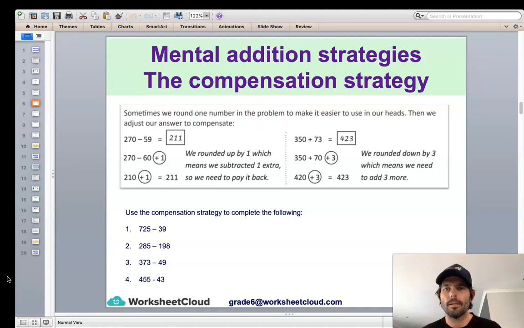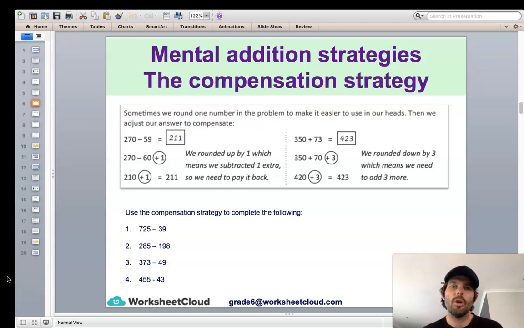I subtract, and now I must add an extra 1 at the end. So the confusing part comes in here when we have to add that extra 1. Originally I'm subtracting 59, now I'm subtracting 60. So I'm subtracting 1 more, okay? So therefore I need to give that 1 back at the end.